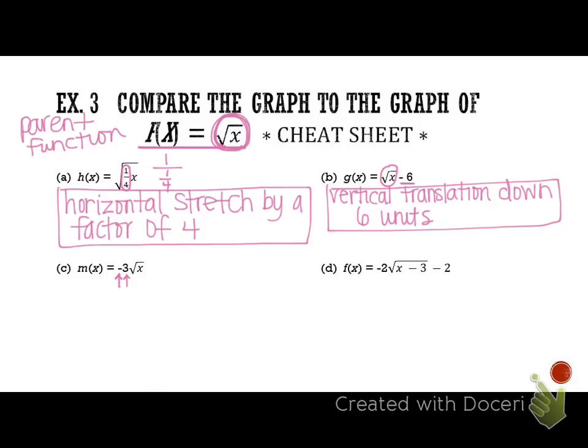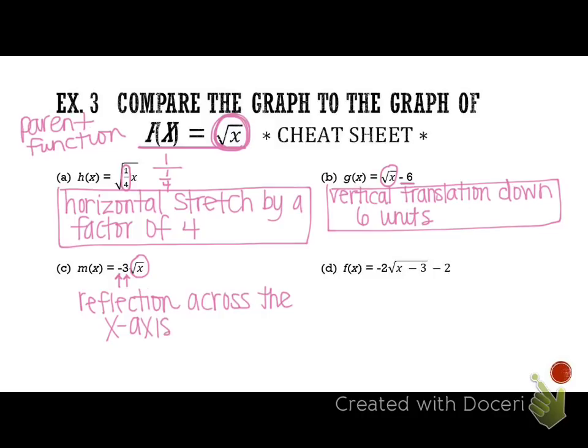The negative is its own transformation and the 3 is its own transformation. So hopefully, if you can identify that this is your parent function, the negative is put in front of the entire function. So this is a reflection, and since it's being done to the entire function, it is a reflection across the x-axis.